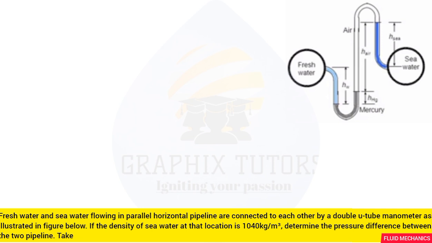If the density of seawater at that location is 1040 kg per meter cube, determine the pressure difference between the two pipelines.